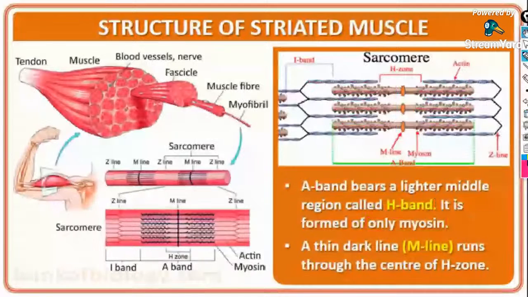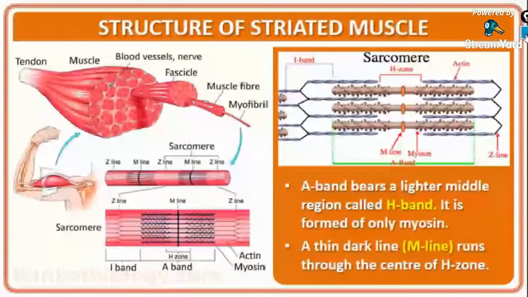Clear? Guys, each and every point is very, very important. H zone, M line, A band, I band, Z line, all these are very, very important. So I have explained the third term, that is the I band. I explained the isotropic band or the light band. The A band I explained as the anisotropic band or the dark striations. The H band, 2022 students are also hearing this for the first time.